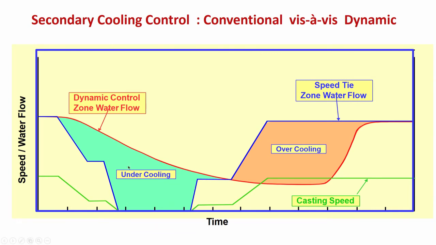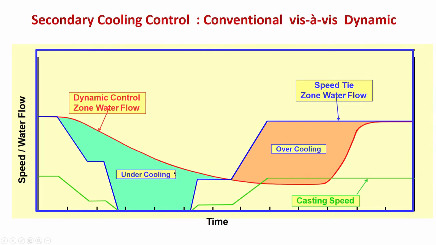So initially there was overcooling, and then there was undercooling. Whenever there is a casting speed change, the casting speed comes down and then goes up, so there will be overcooling and undercooling.